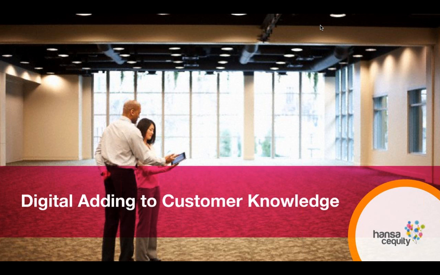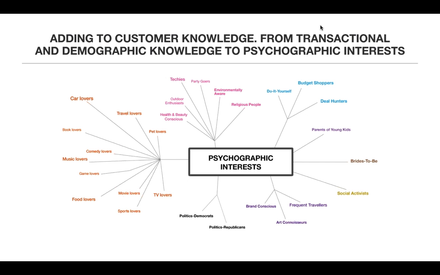So we were talking about customer intelligence and customer knowledge. If you look at it from a social point of view, there are now almost 28 or 29 different psychographic interests that we have access to in communication. We're able to identify, through the different kinds of communication taking place with the brand or with people in general in the world, what interests are there in those communications, and how understanding those interests changes the way we communicate.